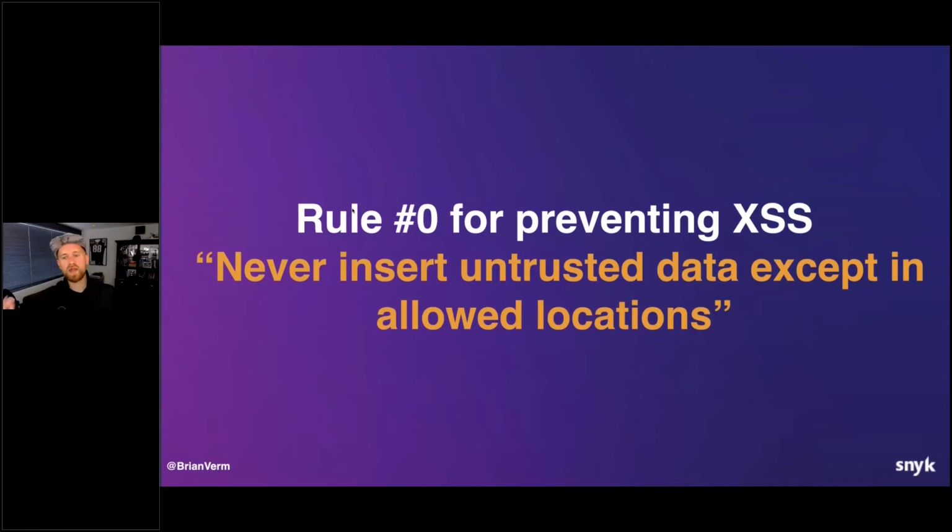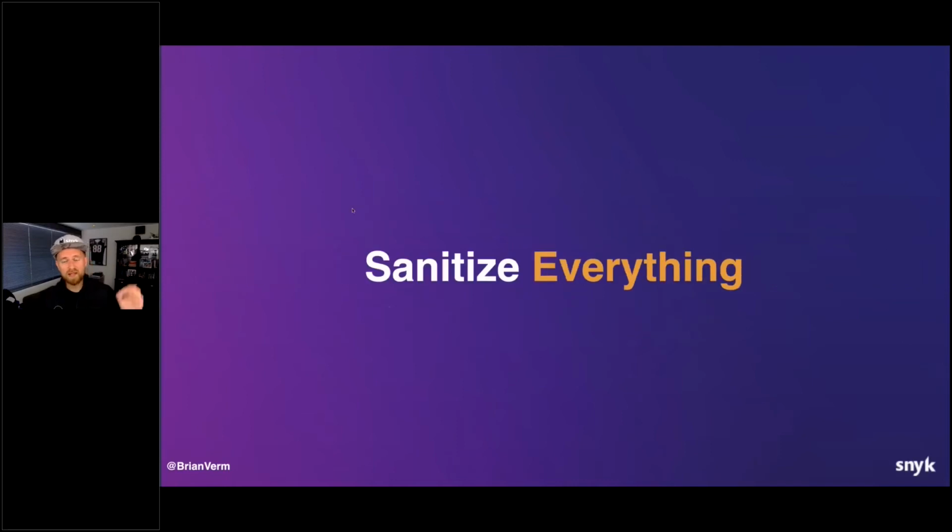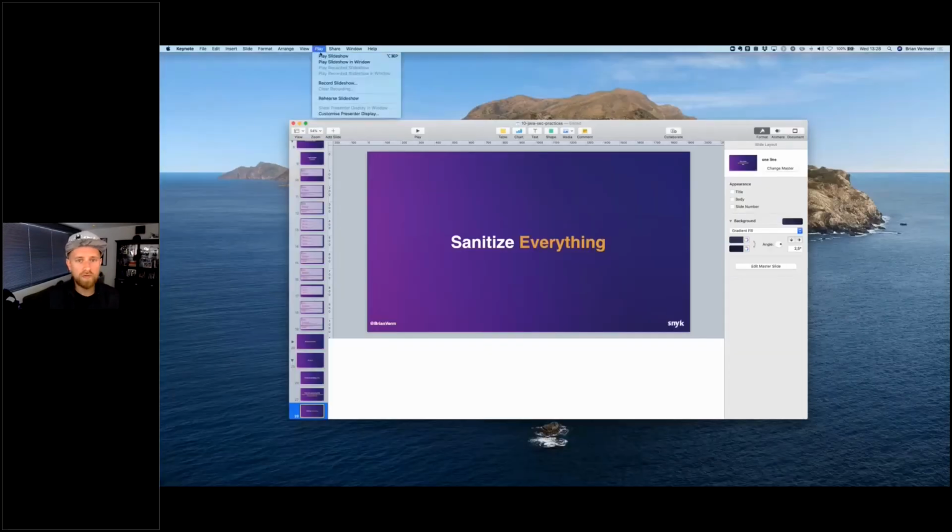Even if somebody is authenticated, he or she might be doing wrong things. So we should be careful with that, and we should only allow these things in the places where they need to be. For every other thing, we need to make sure that the data is sanitized. Sanitization is not hard, but we need to think of that. Luckily, there are a lot of helpful frameworks that can help you.